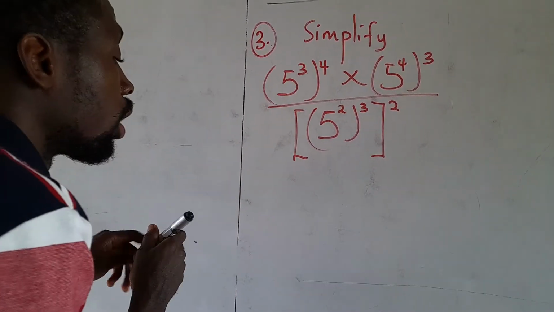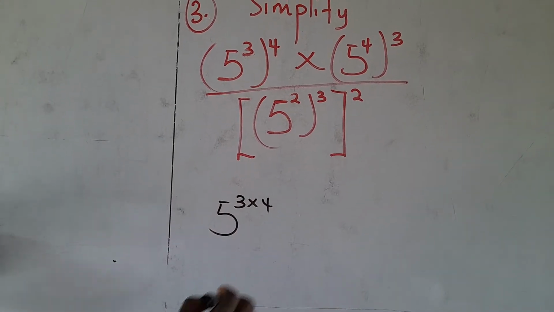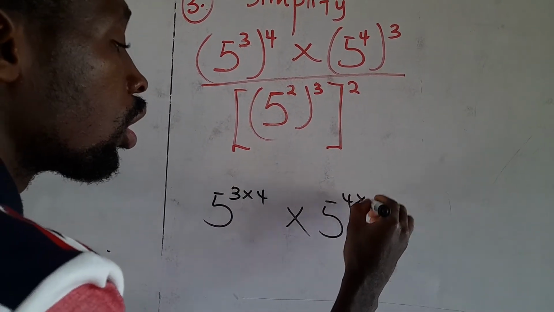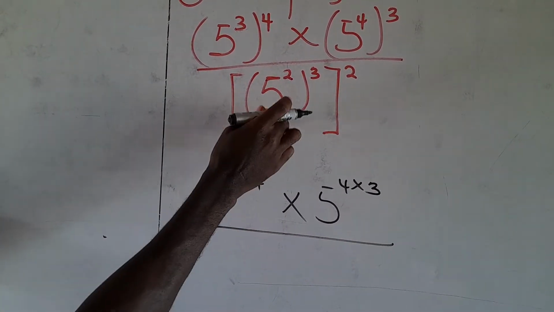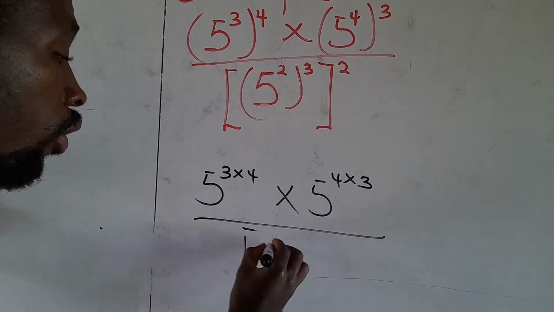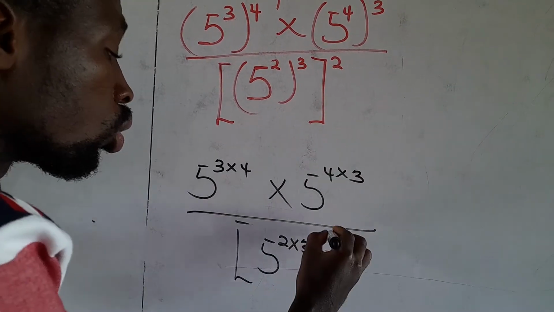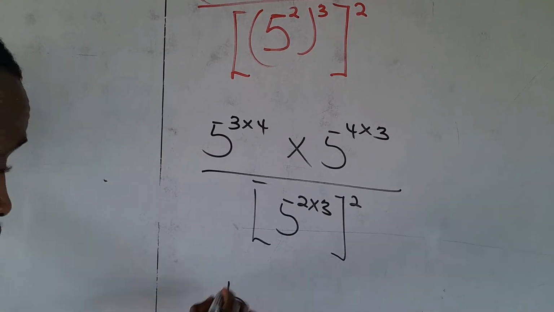So this can be written as 5 exponent 3 times 4, times this one too, 5 exponent 4 times 3, all over the middle, just what is in the bracket. We have 5 exponent 2 times 3, then exponent 2 again. So what are we having? This will be 5 exponent 12.